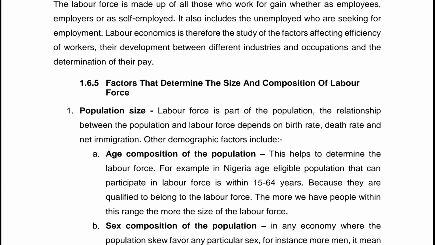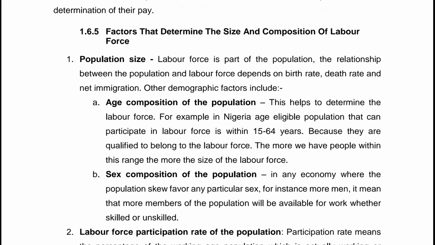That is to say, who is part of the population? Usually this depends on the birth rate, the death rate, and the net immigration. So it depends on the rate at which people are giving birth, the rate at which people are dying, and how many people are coming into the country, less those going out of the country.